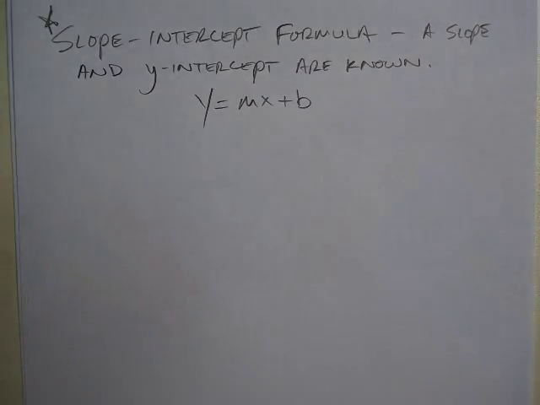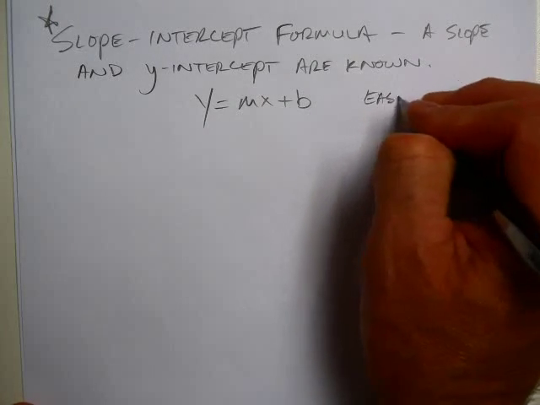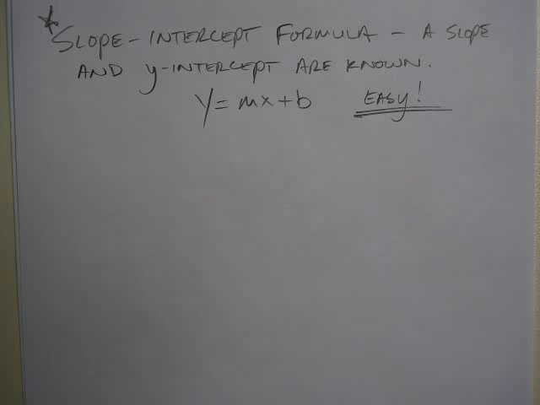Y equals mx plus b. You guys have seen that before. Certainly in here a little bit, but I think you've seen it in previous years. What's great about slope-intercept form is it's easy. It's easy to graph and it's easy to assess. And come on, who doesn't want to make math as easy as possible, right?